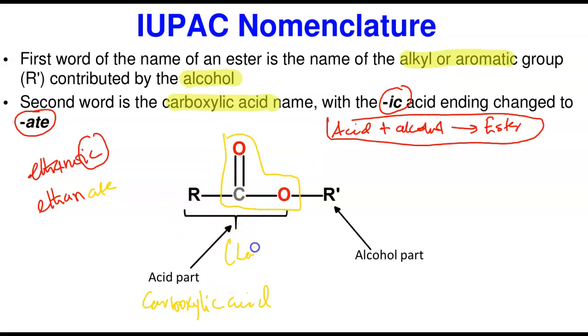Remember, it's going to end with ATE. Whereas this part is contributed by the alcohol, and this is the part that you name first. We're going to see how these play out.